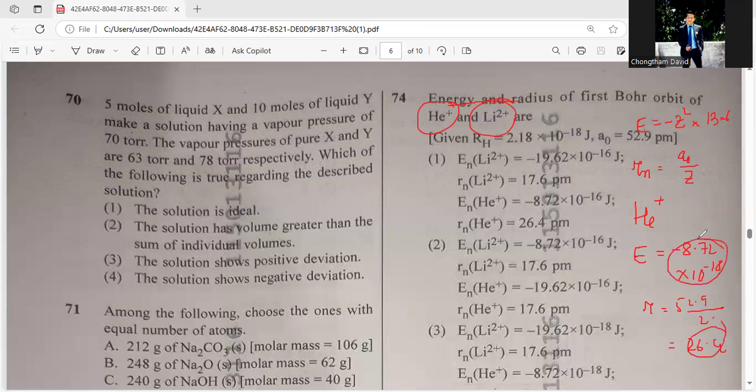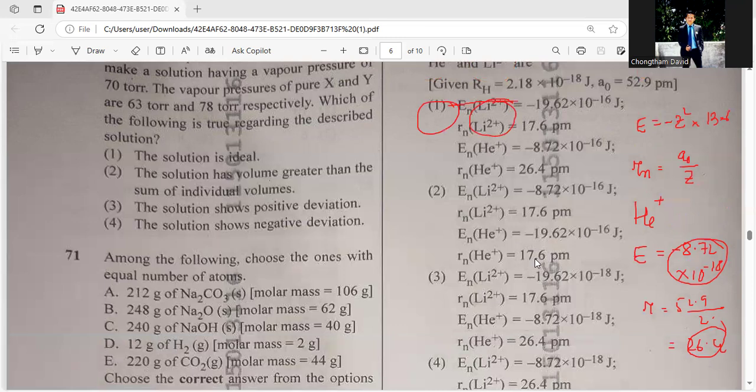Just look for these options. So you will find this in option number 3. You have this value for helium, right? Radius as 26.4. So answer will be option number 3.